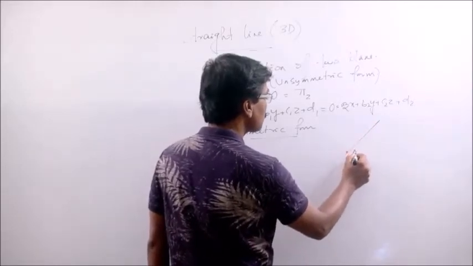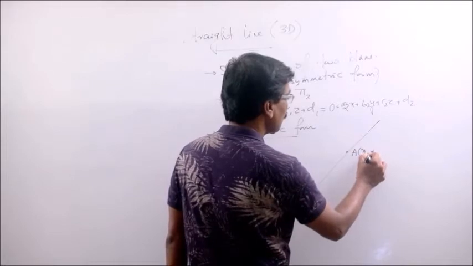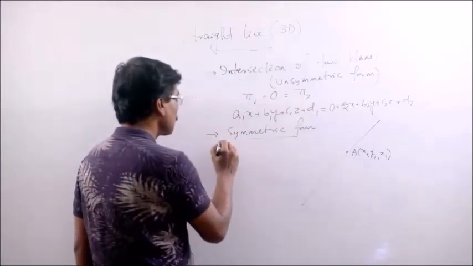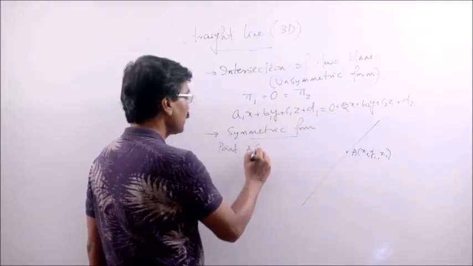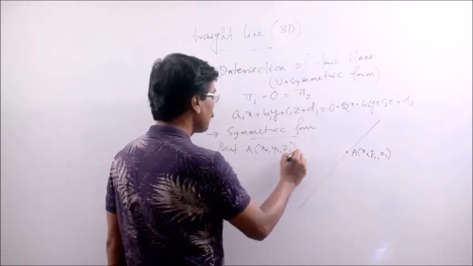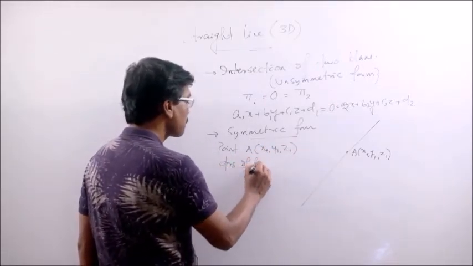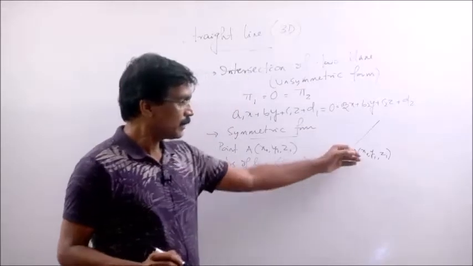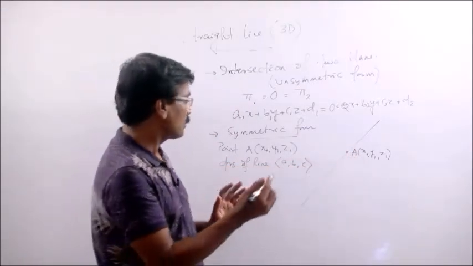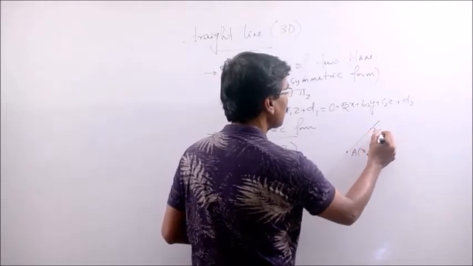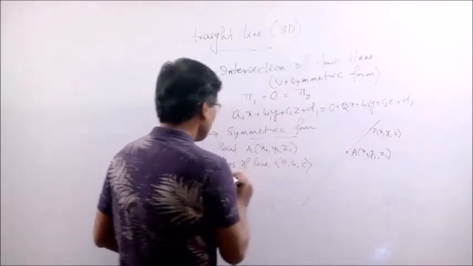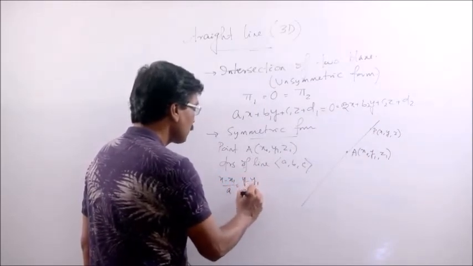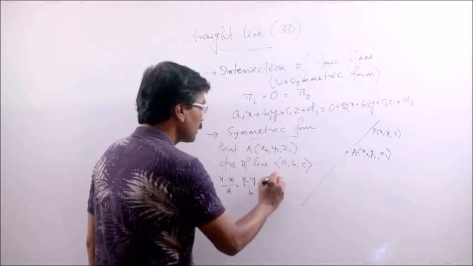If a point, say A, is given having coordinates x1, y1, z1, and the direction ratios of the line are a, b, c, then the equation of the straight line can be obtained by taking any arbitrary point x, y, z, that is (x minus x1) by a is equal to (y minus y1) by b is equal to (z minus z1) by c.